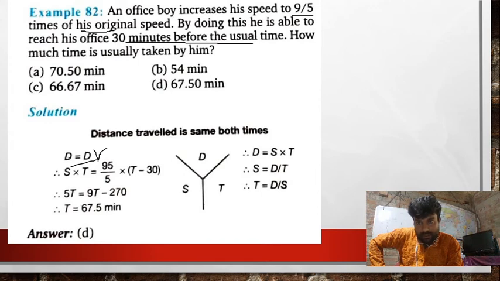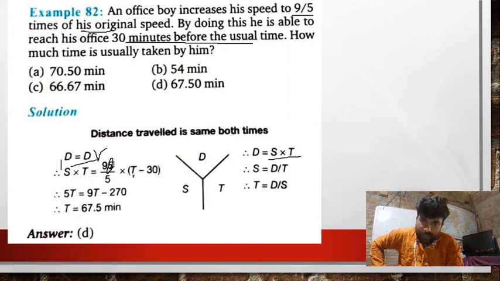First, distance is equal to speed into time, so we can understand here. Here is a mistake, it is not right. 9 by 5 times speed, into time t minus 30, because he reached his office 30 minutes before the usual time.